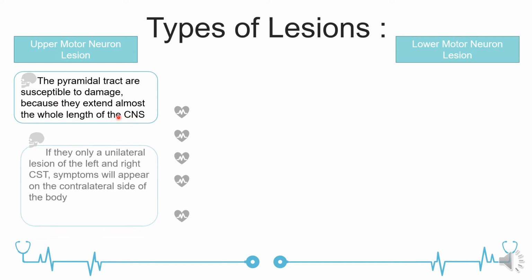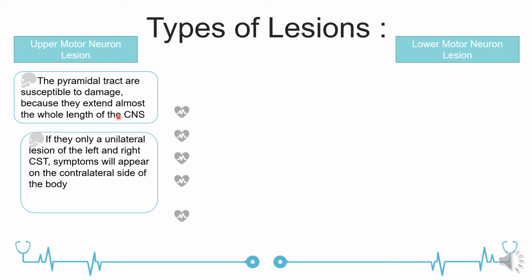As mentioned previously, they are particularly vulnerable as they pass through the internal capsule, a common site of cerebrovascular incident (CVA), the capsular stroke.